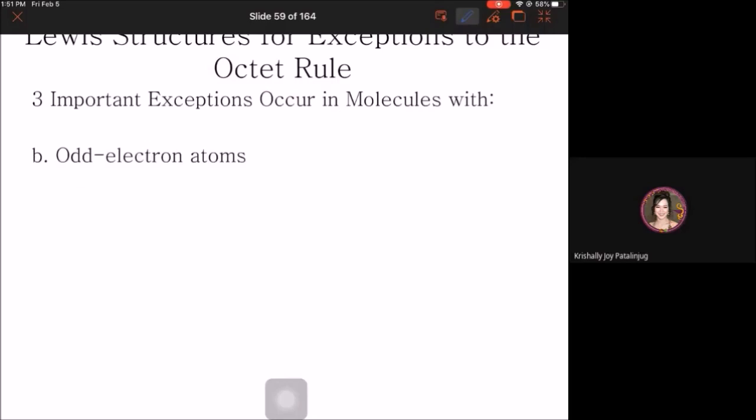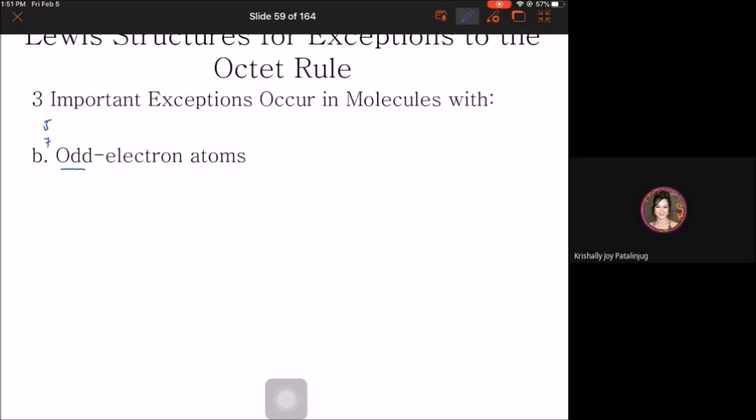Okay, so ito naman is kapag may central atom na odd, odd number. Di ba kung sinabi mong odd, kasi 5, 3, 7, 9, walang partner, nag-iisa, fifth wheel, third wheel, seventh wheel, sige na.